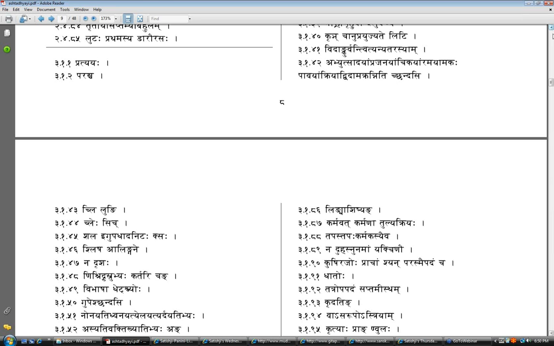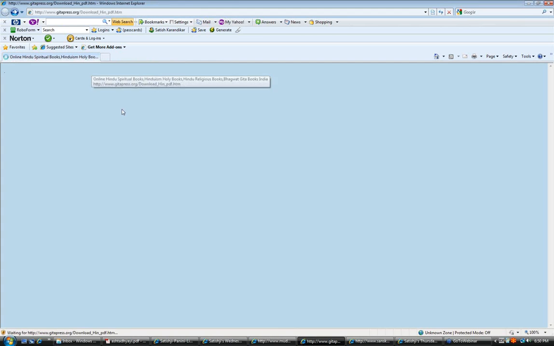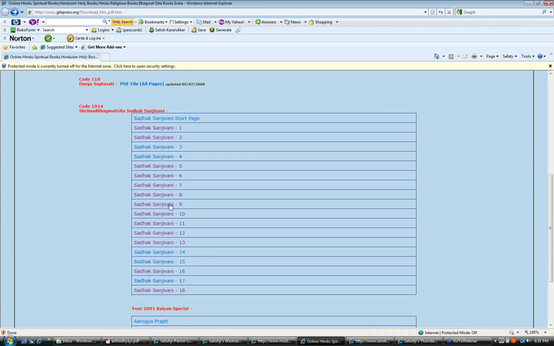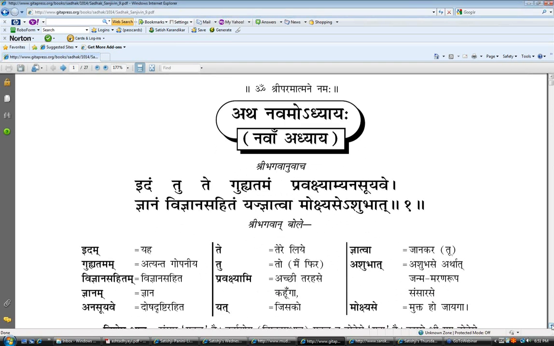To give you a quick example from the Gita, if you look at the 9th chapter, very first shloka: Idam tu te guhyatamam pravakshyamyanasuyave, jnanam vijnana sahitam yaj jnatva mokshyase ashubhat. He says, I will impart to you this secret knowledge, having known which you will be released from evil.